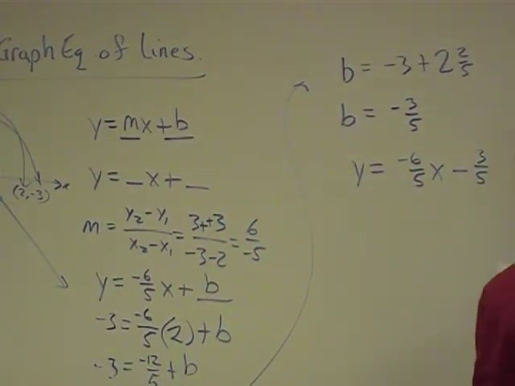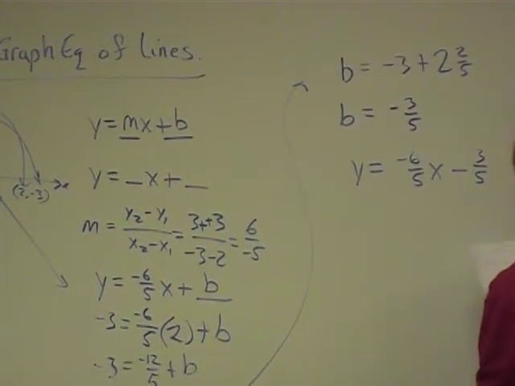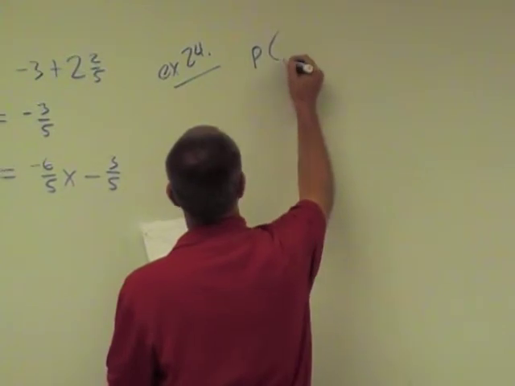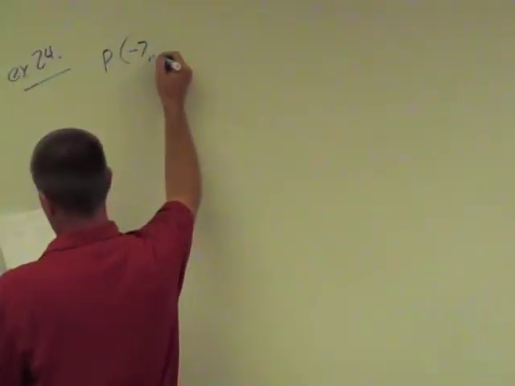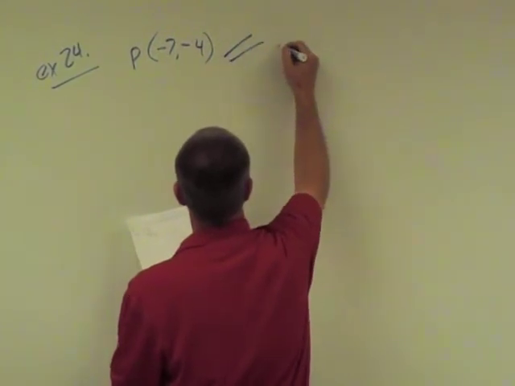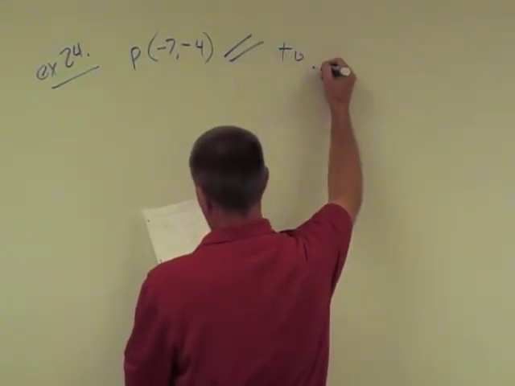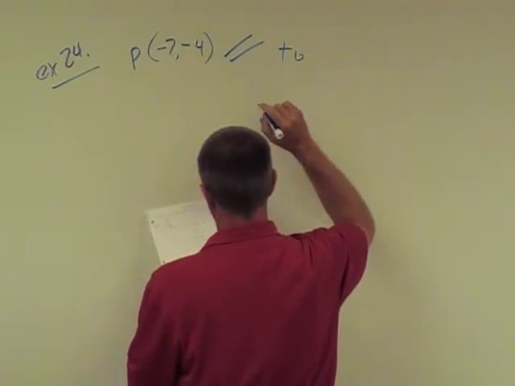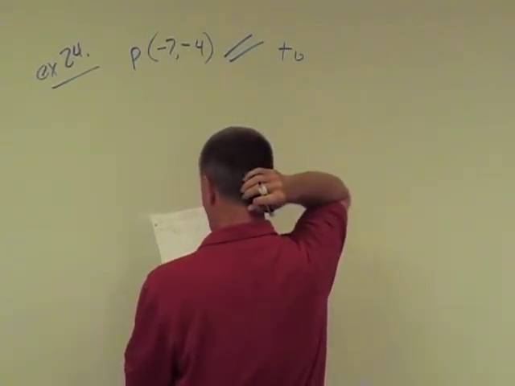Alright, example 24. Point P is at negative 7, negative 4. I want the equation of a line that is parallel to y equals 16.